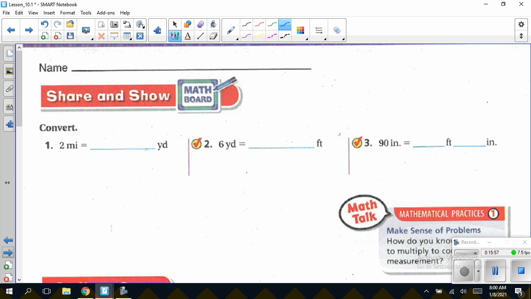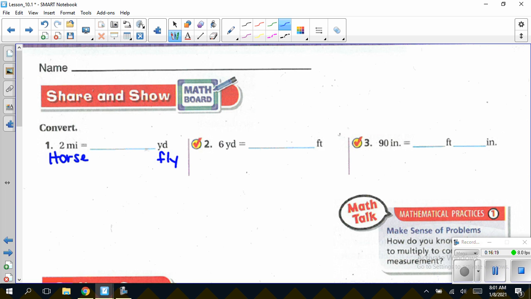So now moving on to the share and show. For the first 3, notice that we are doing just some regular conversions. For the first one, I have 2 miles converting into yards. Well, I know a mile is bigger than a yard, so I'm going to be working with horse to fly.